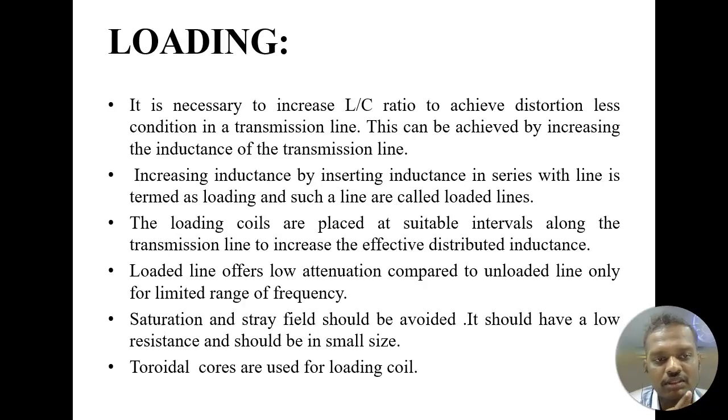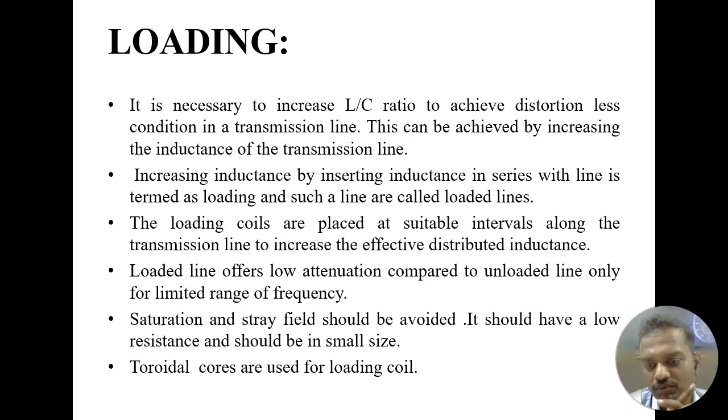By increasing the inductance value, there are three terminologies: lumped loading, patched loading and continuous loading. These are the three methodologies, and here we can directly introduce an inductance to a transmission line.